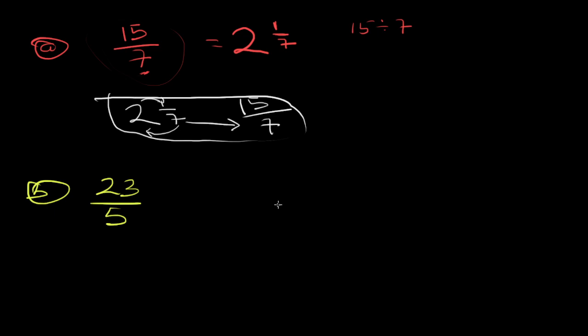What do you think? We divide 23 by 5. Or how many times does 5 go into 23? 5 goes into 23 4 times. All right? Remember, 4 times 5 is 20. So 5 goes into 23 4 times.